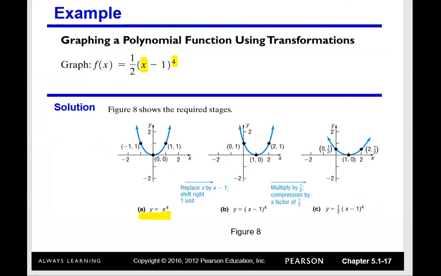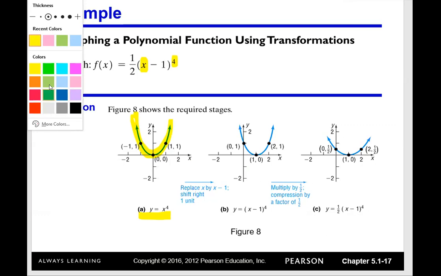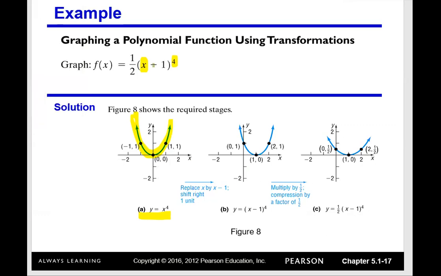So y is equal to x to the 4th has that basic parabolic look. It goes through (-1, 1), (0, 0), and (1, 1). But then you've got the fact that there's a -1 in here. So when you bring that into it, it's going to shift it right 1 unit.